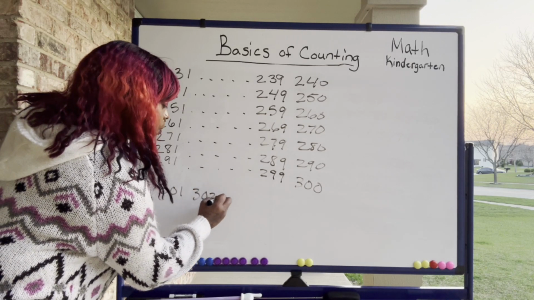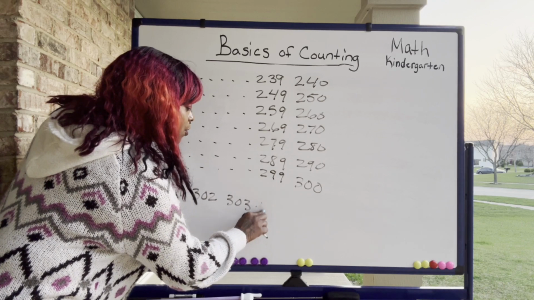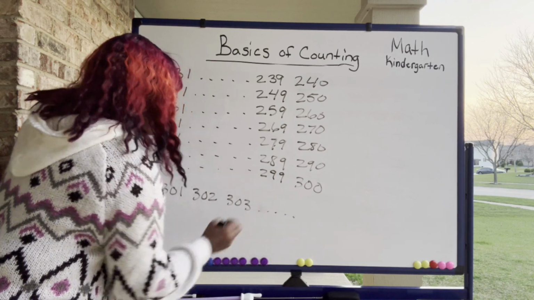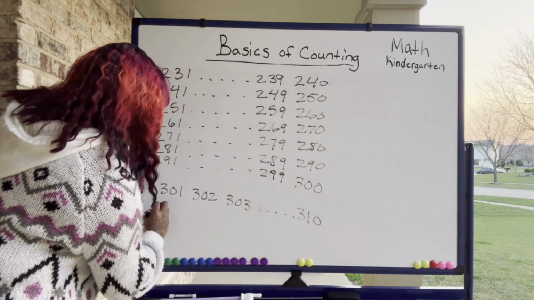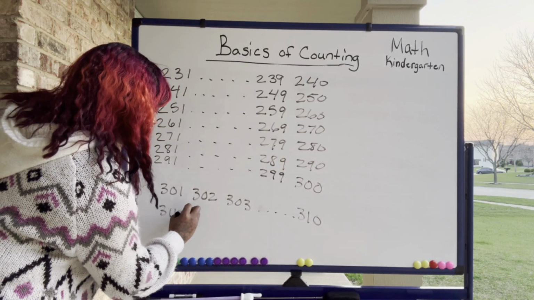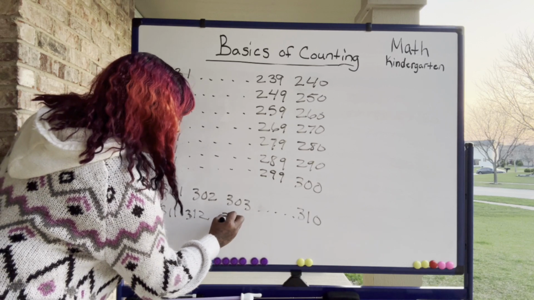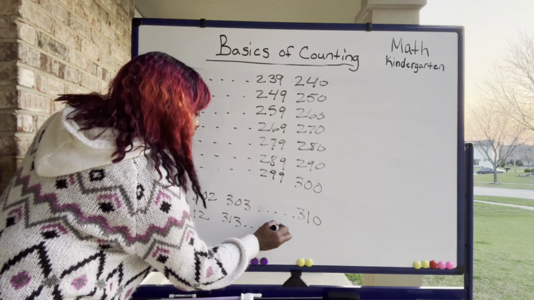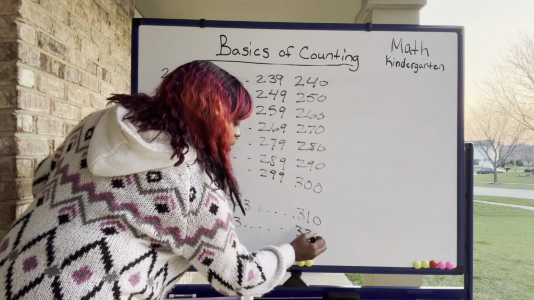302, 303, 304, 305, so on and so on, until you get to 310, and then 311, 312, 313, 314, 315, 316, 317, 318, 319, 320.